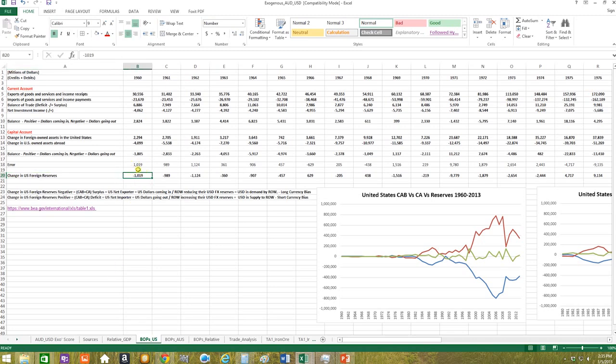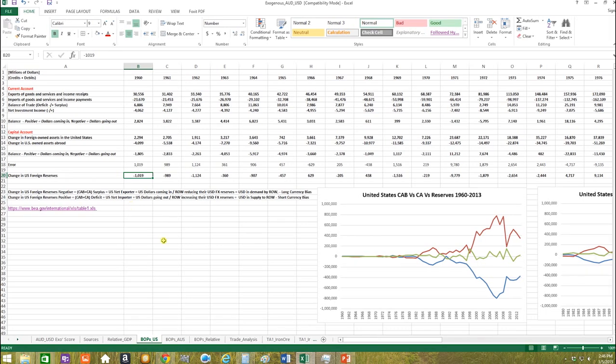So if an amount of dollars comes in to the United States, so here 1,019 million, then foreign currency reserves fall by this amount in proportion to the US dollar value coming in. So the balancing item essentially represents the change in US foreign reserves.